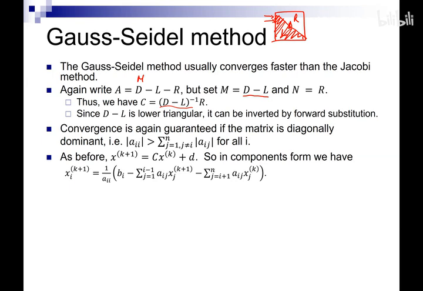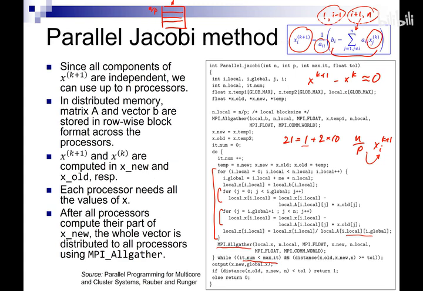We're not going to do the proof, but intuitively, in the Jacobi method, the sum only used values from the previous iteration, the kth iteration, and presumably the kth iteration is less accurate than the k plus first iteration, because as we iterate, we get better and better approximations for x star.